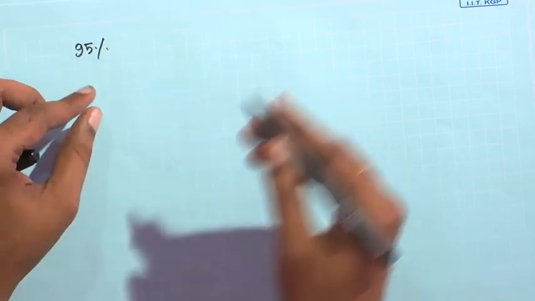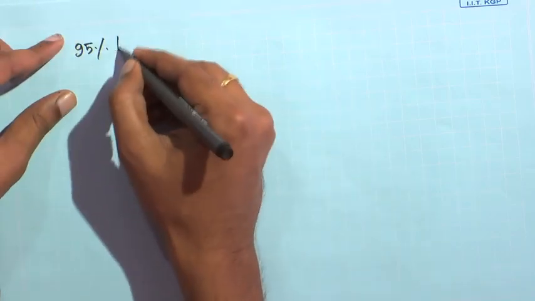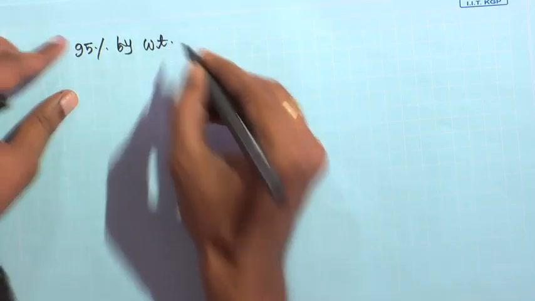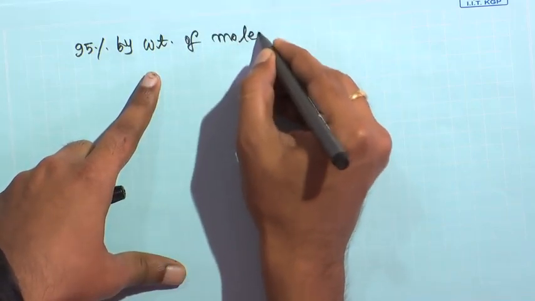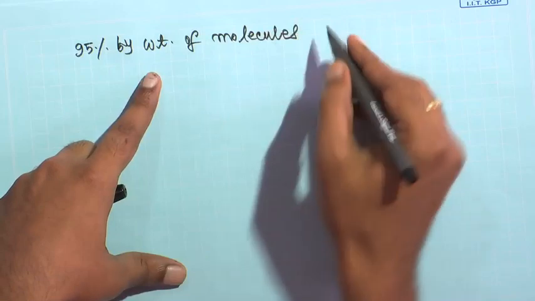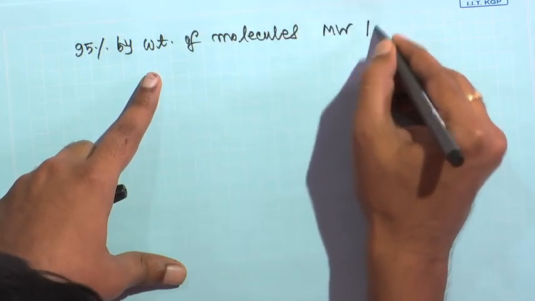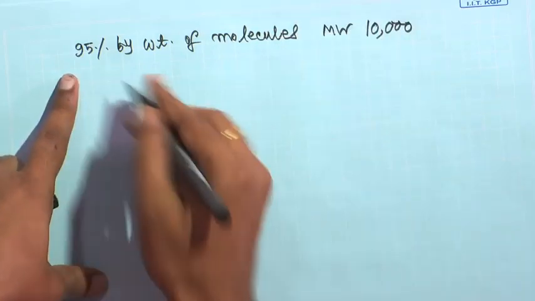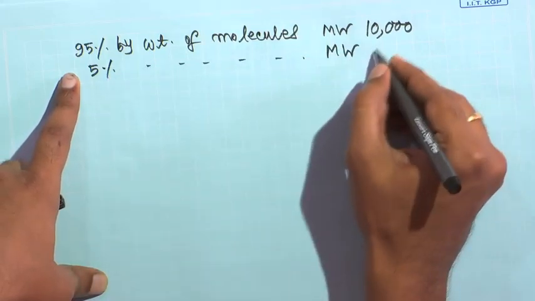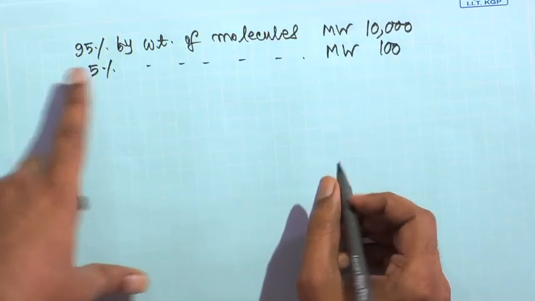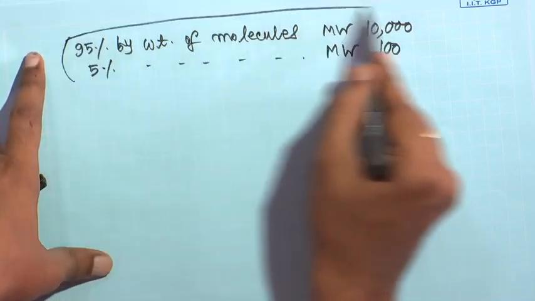Suppose you have a hypothetical sample which has 95% by weight of molecules which have molecular weight 10,000, and you have 5% by weight of molecules which have molecular weight 100. From here what do you think?